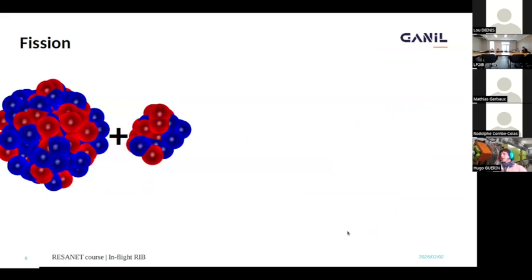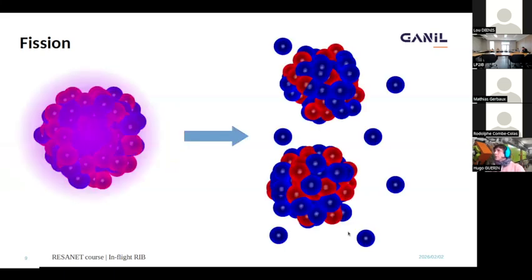For instance, here I showed uranium-238 on aluminum-27. It will create a compound nucleus, which is here dubnium-265, which will fission into two fission fragments and neutrons.